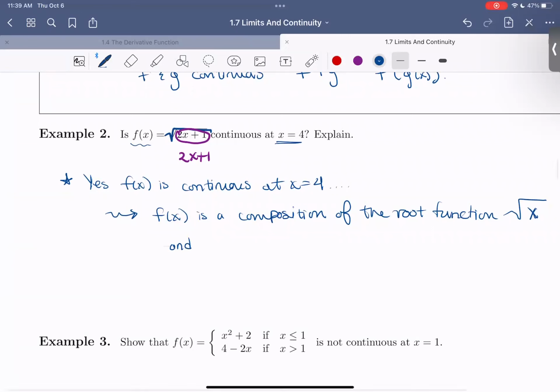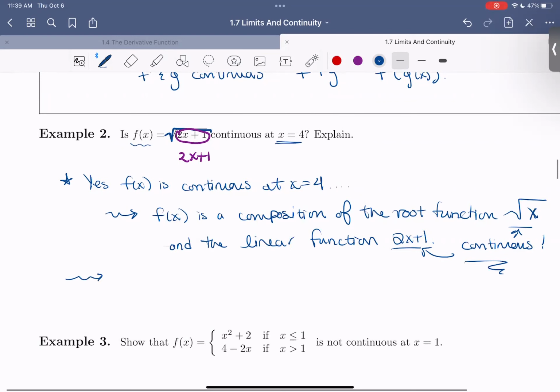And so it's a composition of the root function, square root of x, and the linear or polynomial function, 2x plus 1. Each of these functions are continuous, so their composition is also continuous.